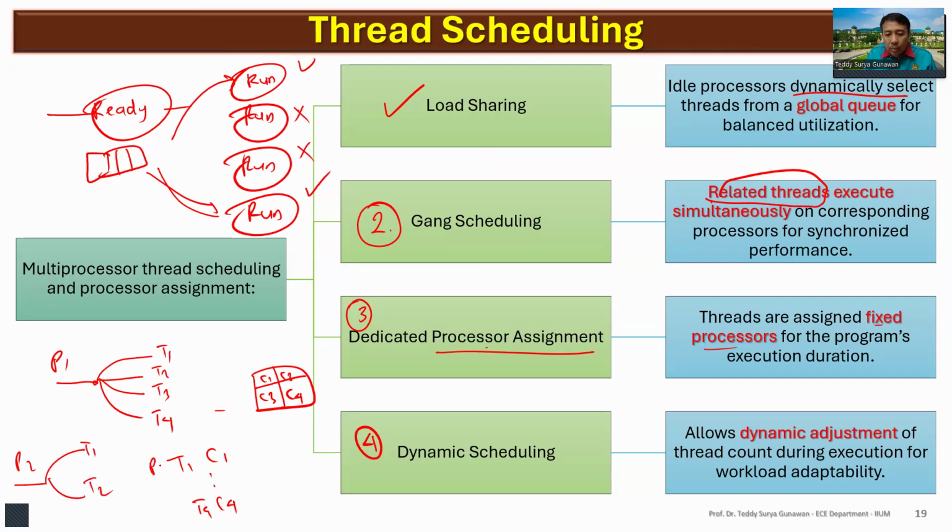So you can allocate the threads according to the cores. The last one is dynamic adjustment of the thread count during execution for workload adaptability. This one includes more complex algorithms to schedule the threads.